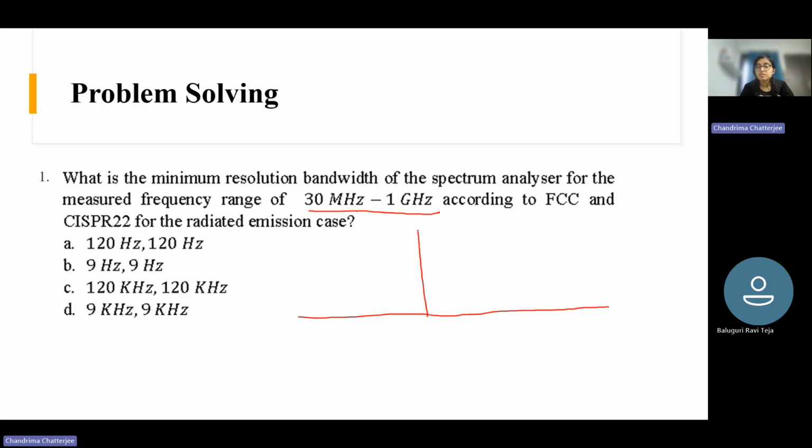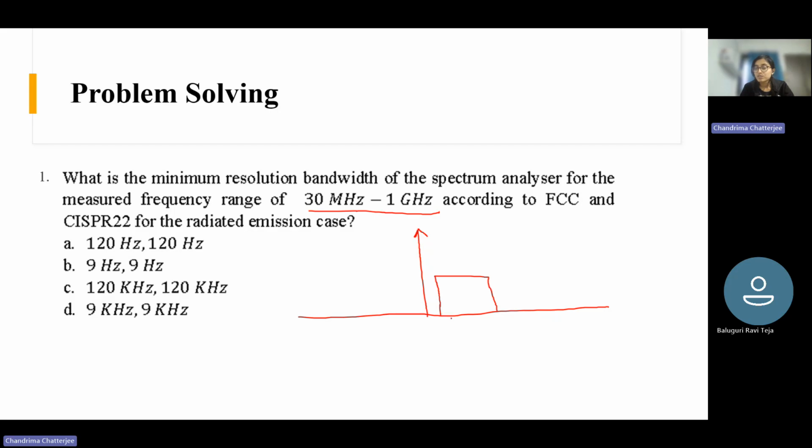This resolution part has been covered in the lecture also, but still I will recapitulate so that you can understand it properly. So we take one window, right? The spectrum analyzer is an instrument, and we need to specify one window through which it will see the different components, right?